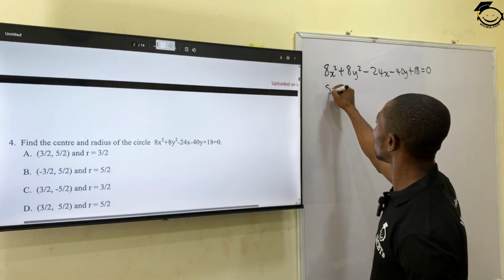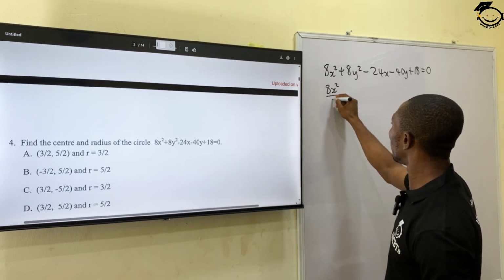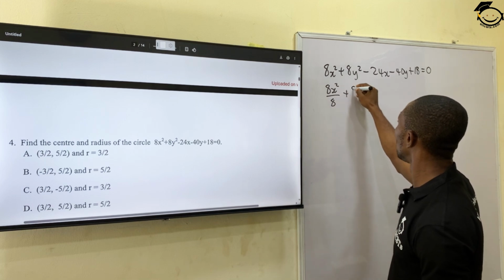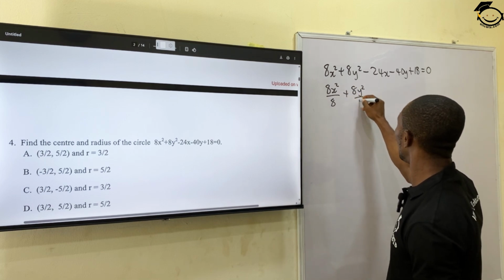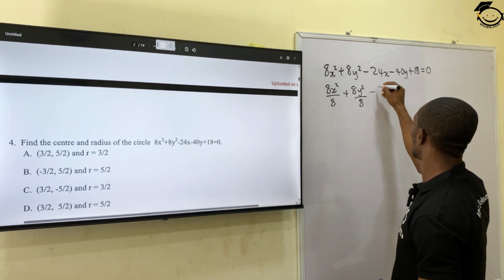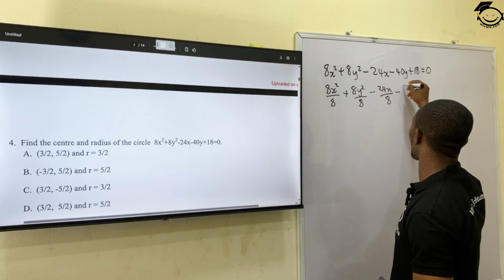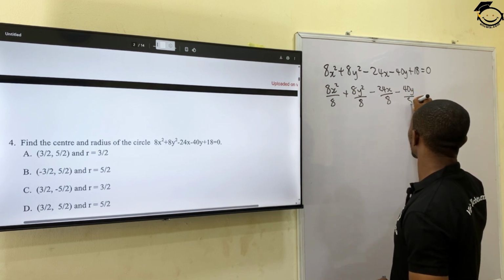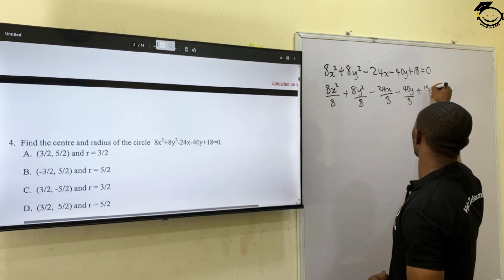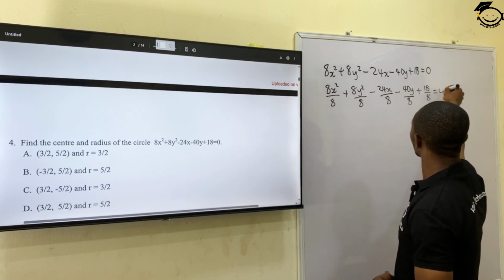So this becomes 8x squared over 8 plus 8y squared over 8 minus 24x over 8 minus 40y over 8 plus 18 over 8 equals 0.